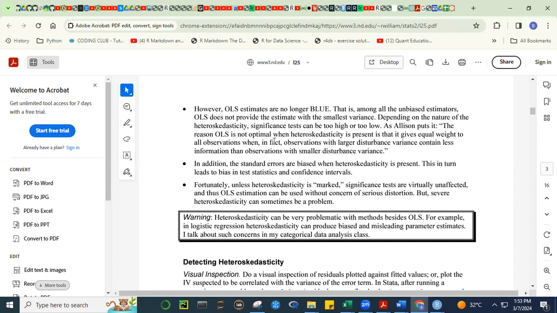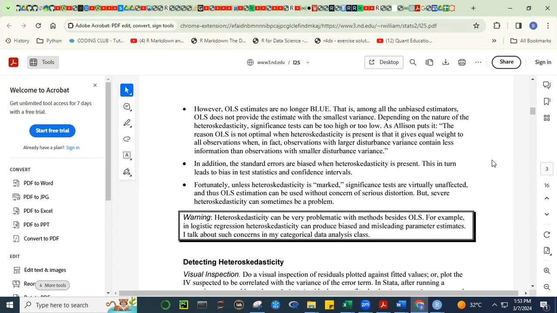So, the reason OLS is not optimal when there's heteroscedasticity is this, class. Very important. When you compute for the variance, yung observations equal yung weights nila. Ibig sabihin may mga residuals na napakalaki, tapos may mga residuals na napakaliit. So ang ginagawa doon, equally weighted lang pag kinompute natin yung variance.